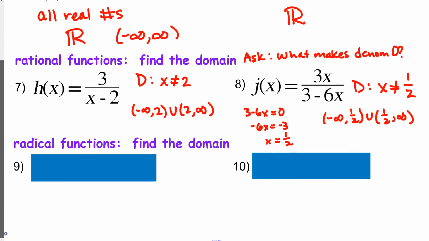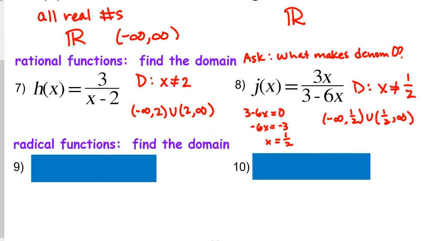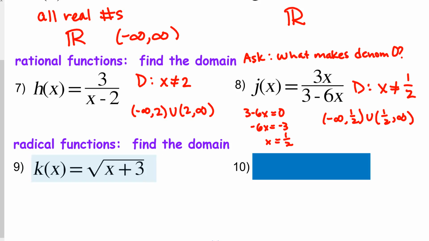Now let's look at radical functions and think about their domains. So if it's a square root, or a fourth root, or any kind of even root, you can't have a negative inside the root because you won't get a real number output. You'll get an imaginary output, but when we're talking about domain and range, we're talking about real numbers only.